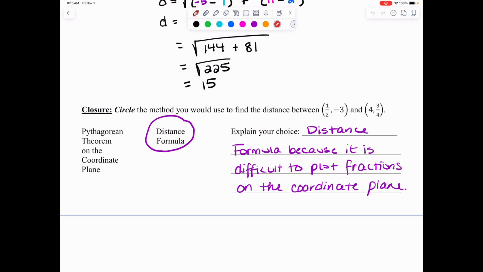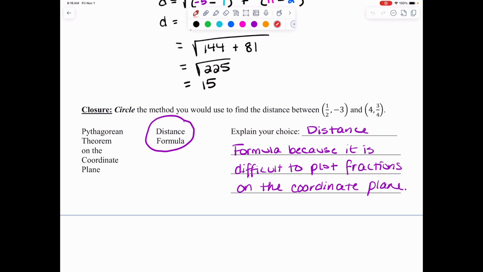However, look at these 2 coordinates. 1/2 and negative 3, and even worse, 4 and 3/4. When you have a tiny grid and it's going by ones, is it going to be easy to plot 1/2? Maybe not too bad, but 3/4, even worse. So the distance formula makes more sense here because it's difficult to plot these fractions on the coordinate plane.